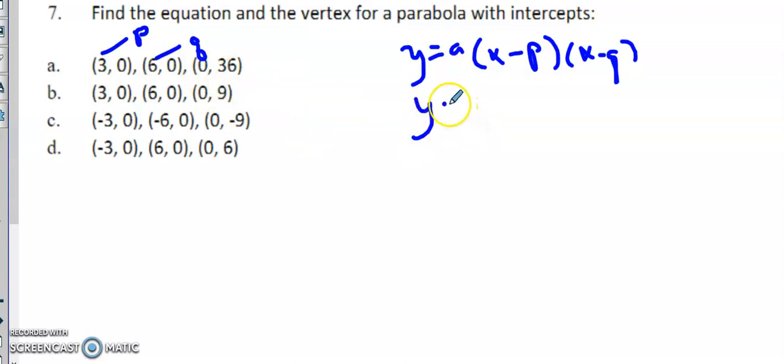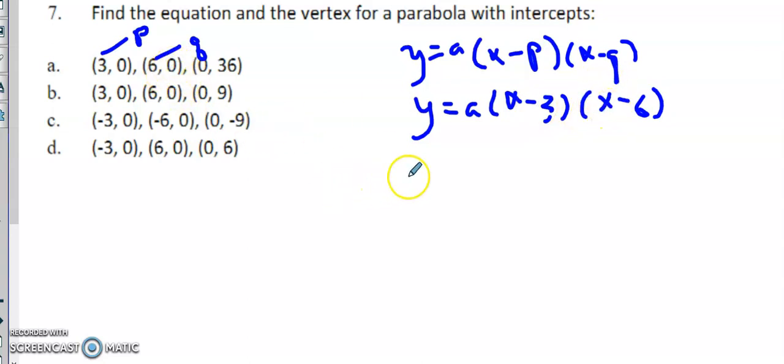So we have y equals a times x minus 3 and for the other one we have x minus 6. So if I stick in 3 here, I'm going to make a 0, and if I stick in a 6 here, I'll get an answer of 0.